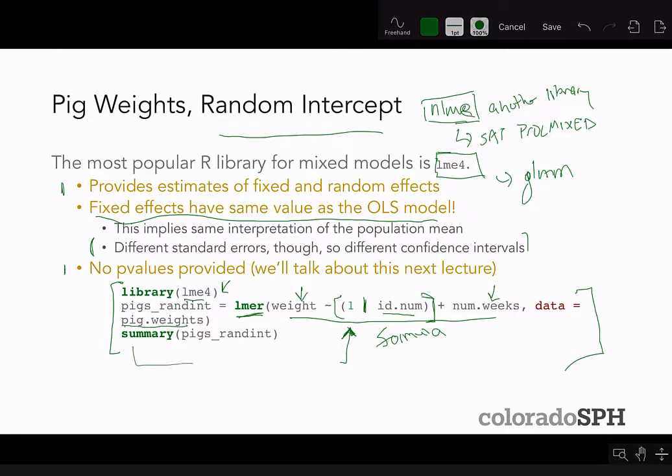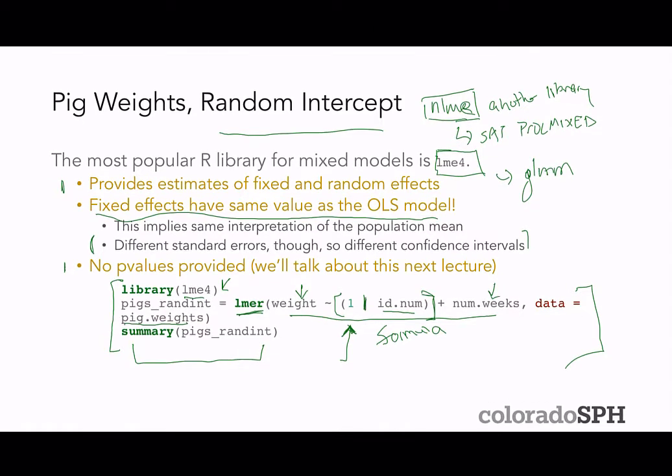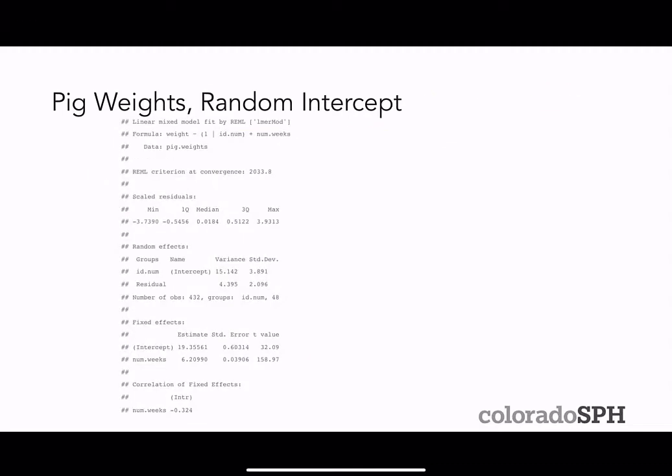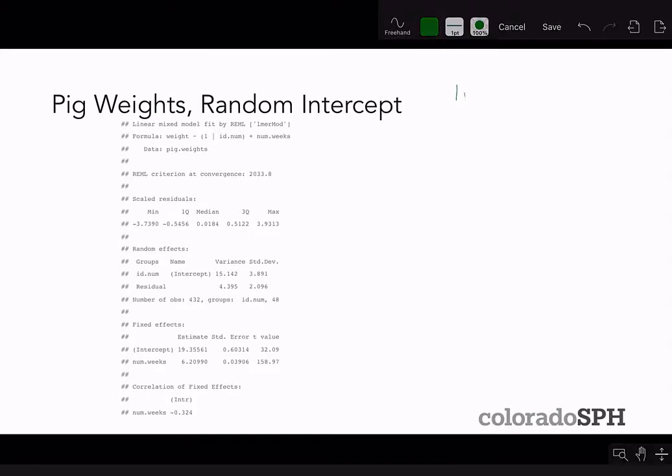So I'm using a summary then to look at the outcome of that model that I've just read, and that's on the next page. And so you can see the summary here. What's returned looks a lot like what you see from LM or GLM, but there's a couple differences. It provides the formula for you up here.